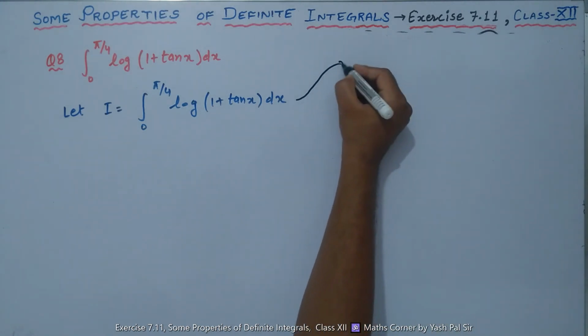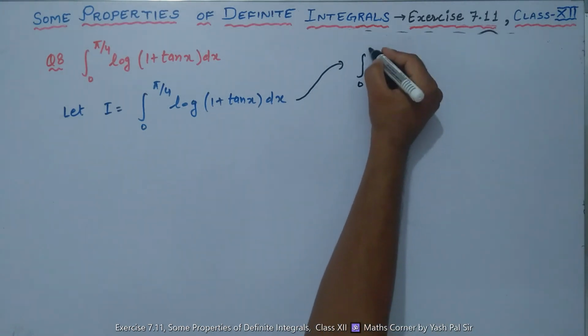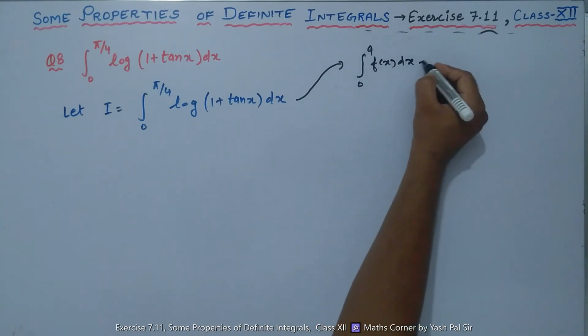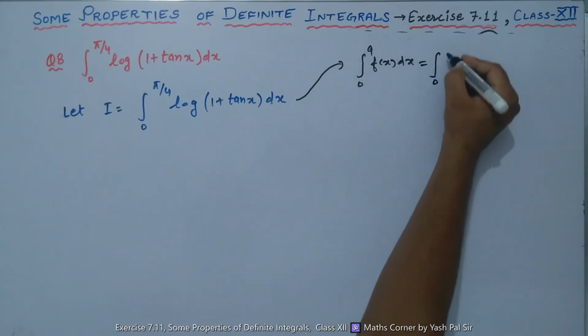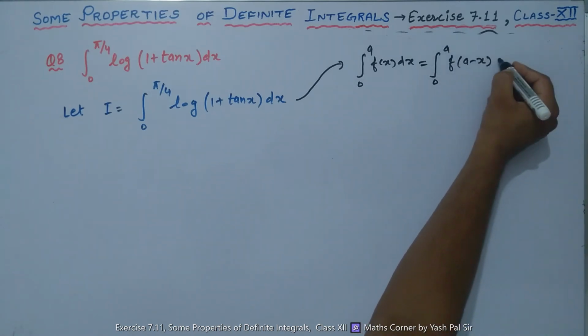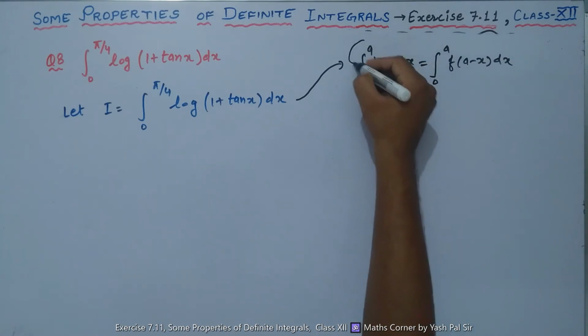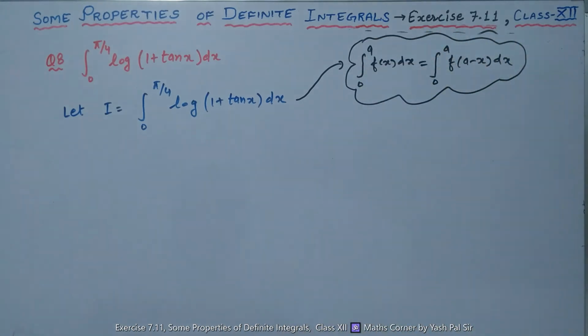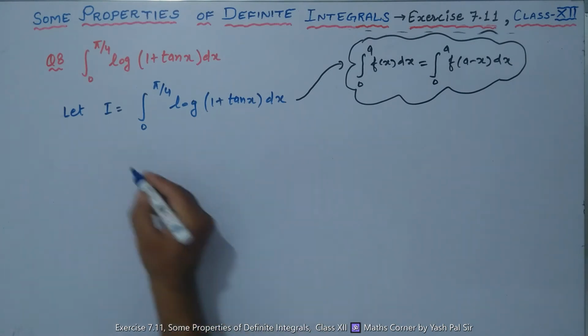Which property? Integral 0 to a of f of x dx is equal to integral 0 to a of f of a minus x dx. So according to this property, now what happens to the question?